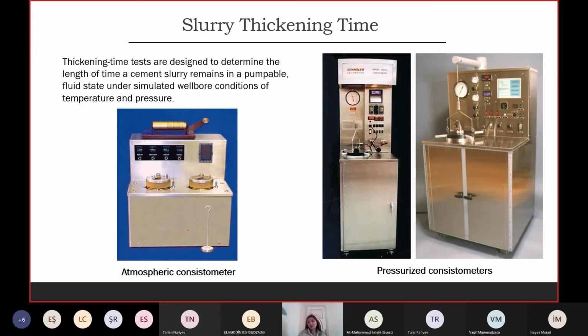How do we manage to get different thickening times? I add these additives to the cement and mix them, so I would get the same thickening time, but we have additives like retarder and accelerator. These names already state it: the retarder will increase the thickening time, it will retard it. The accelerator will accelerate the process of the slurry getting set up and becoming unpumpable.